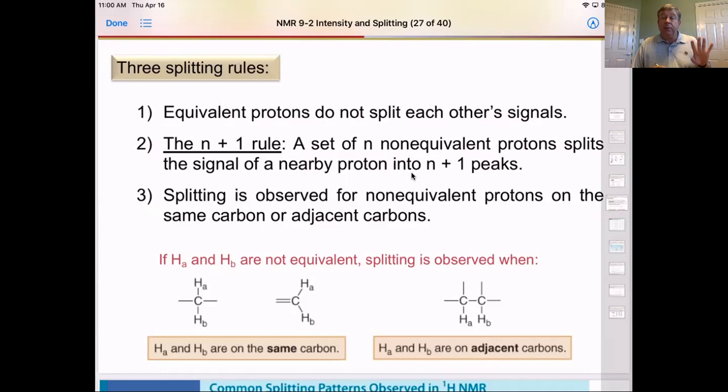So if you have 6 protons nearby, you have those 6 protons splitting your 1 peak, giving you a total of 7, okay? Now, the splitting is observed for non-equivalent protons on the same carbon or adjacent carbons, okay? So if we're on the same carbon, they do not split each other, right here.